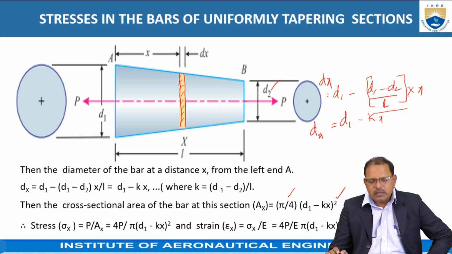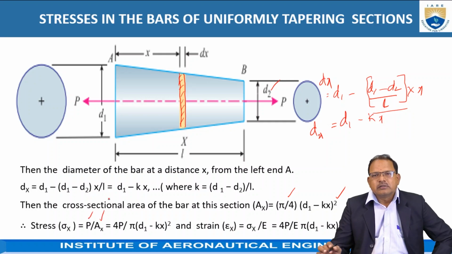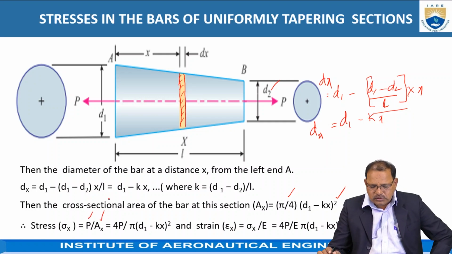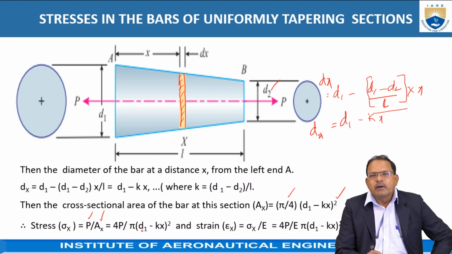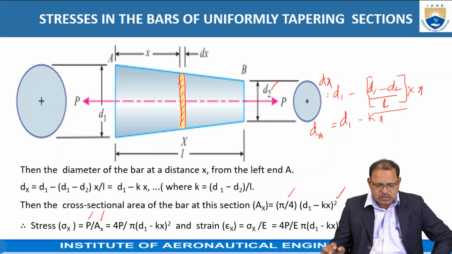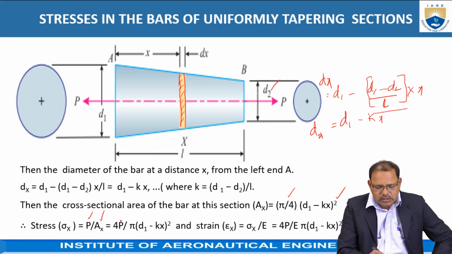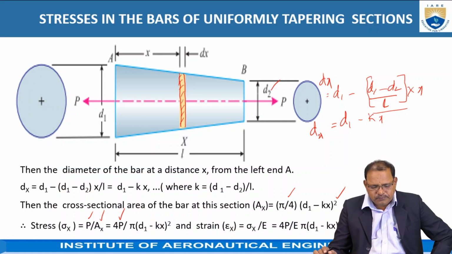Hence elongation of the bar takes place. Stress equals P by Ax, which equals P divided by pi by 4 (d1 minus kx) whole square. The 4 comes to the numerator, so it can be written as 4P divided by pi (d1 minus kx) whole square.